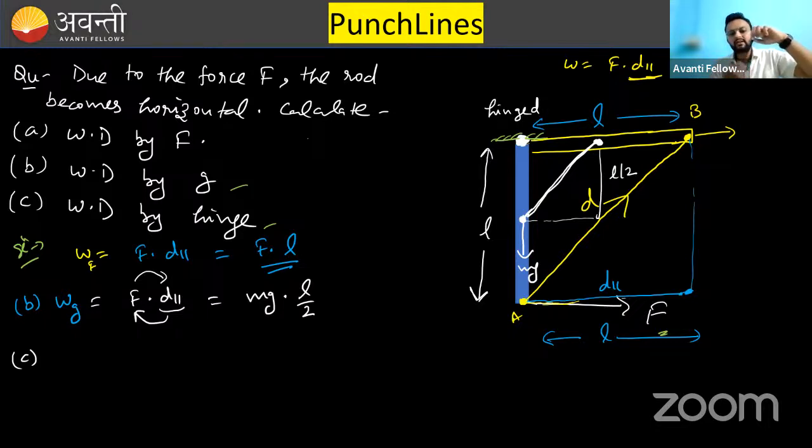If the point of contact or point of application of force is not moving, then work done by hinge force is 0. What is the reason of that? Because displacement is 0. Of which point? Which point has zero displacement? The point of application of force has zero displacement.